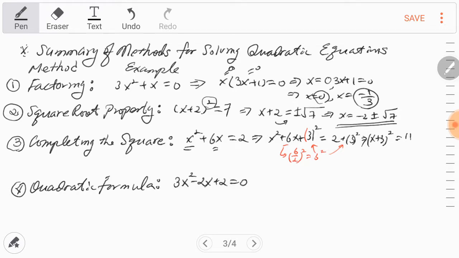So finally, using the perfect square property, x plus 3 is equal to plus or minus square root of 11. So the solution x, move 3 to the other side, is negative 3 plus or minus square root of 11. So this is the solution.